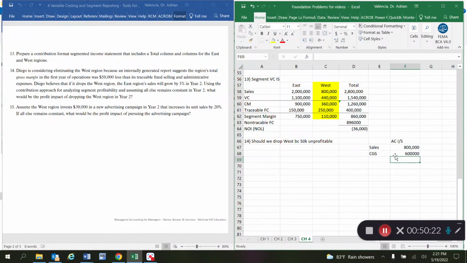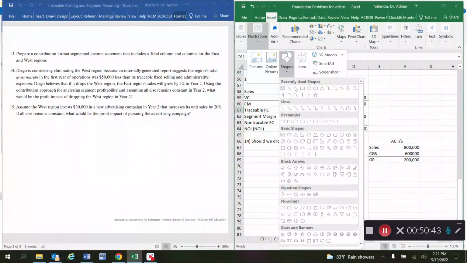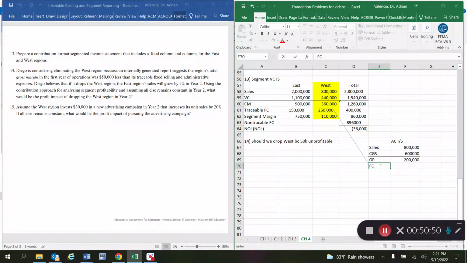That's 600,000, meaning my gross profit is the difference of 200,000. And then I bring in the traceable fixed cost of 250,000. In other words, the manager is thinking, you know what? These are the fixed costs related to the company. So this is fixed cost of 250,000.